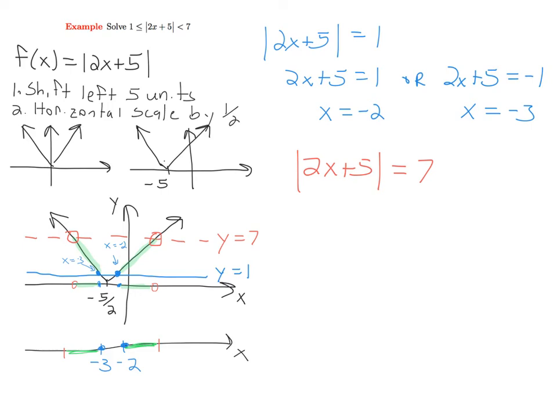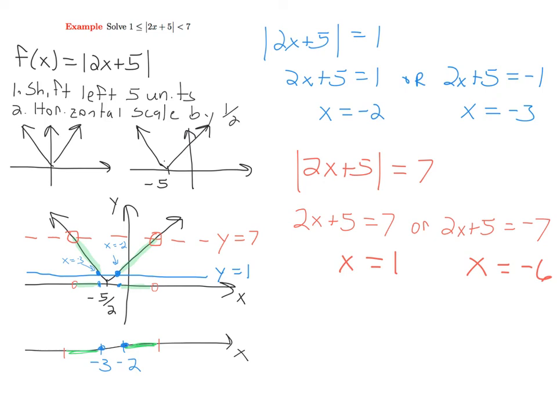And we solve this by figuring out when is 2x plus 5 equal to 7, or 2x plus 5 equal to minus 7. And solving this by subtracting 5 and dividing by 2 gives us x is equal to 1. And solving this gives us x is equal to minus 6.